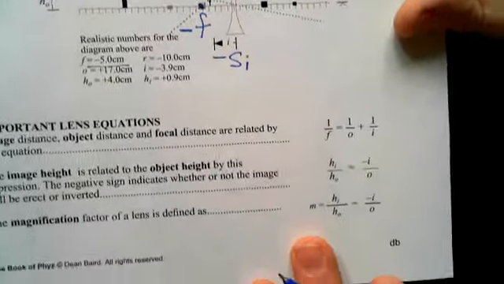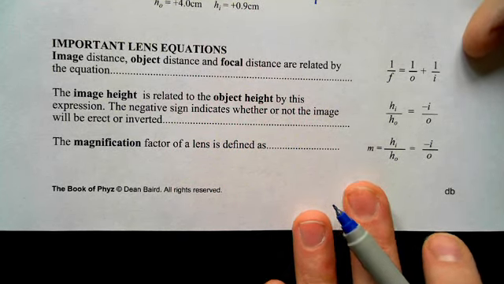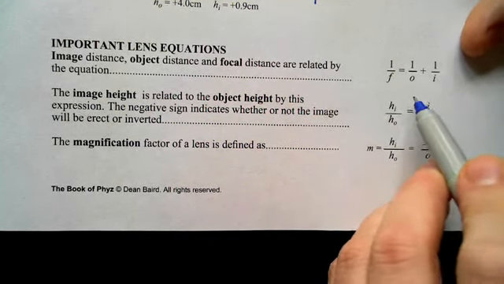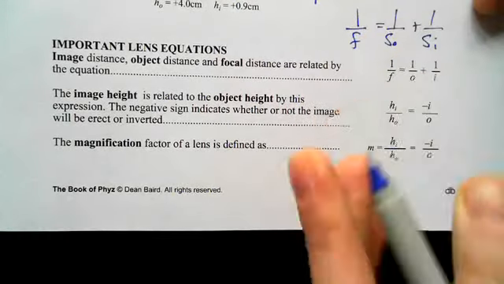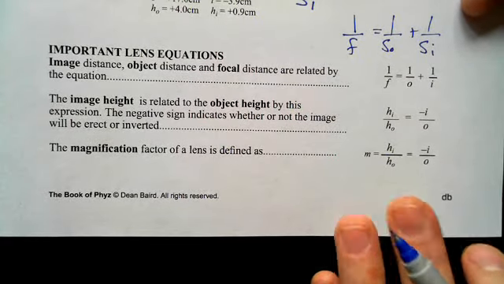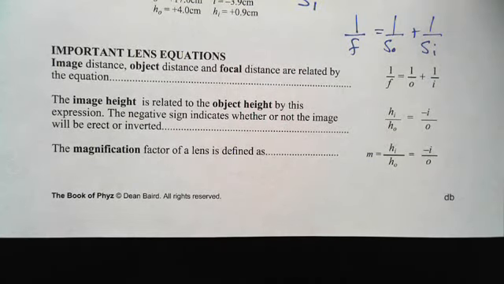All right, here's some of our important lens equations. Basically, this is a very, very crucial one. The way that it's written on your equation sheet is 1 over f is equal to 1 over s_o plus 1 over s_i. And I'm going to write it like that pretty much on all the problems I give you because that's how it's written on the AP equation sheet you have.